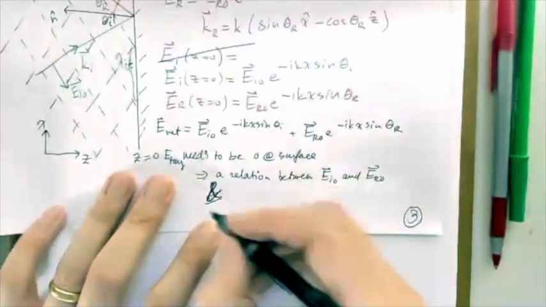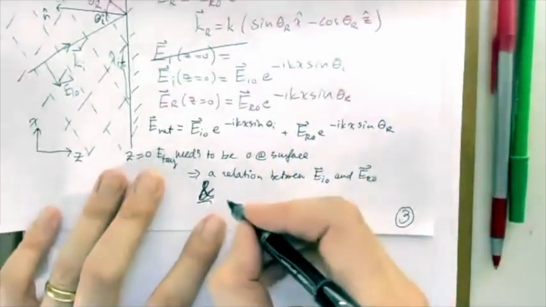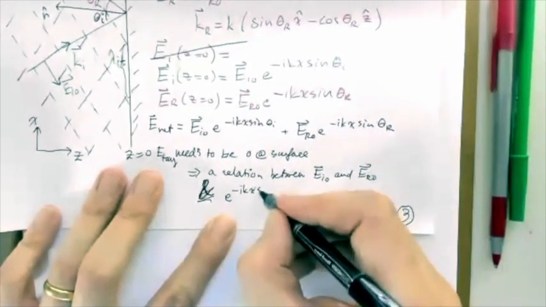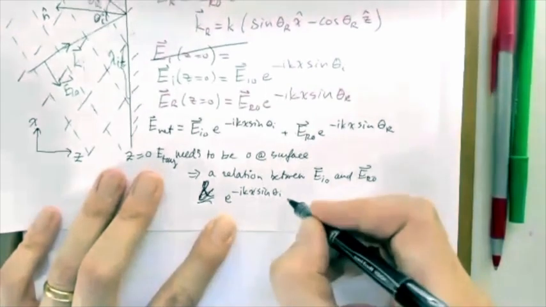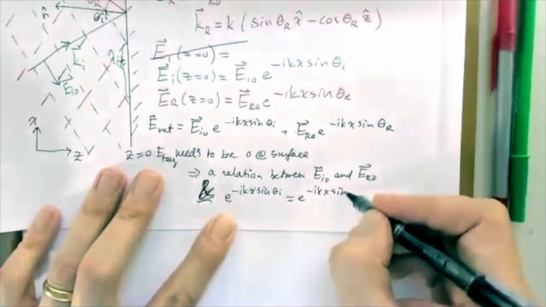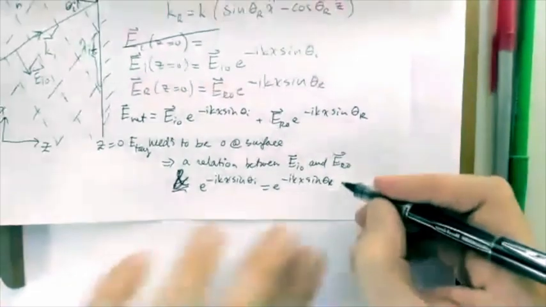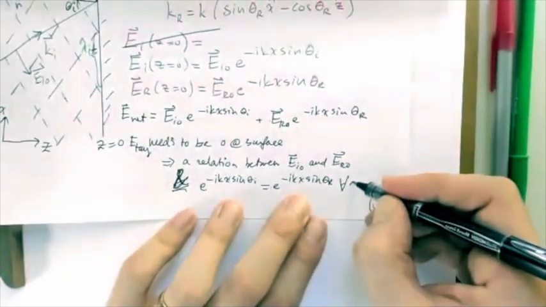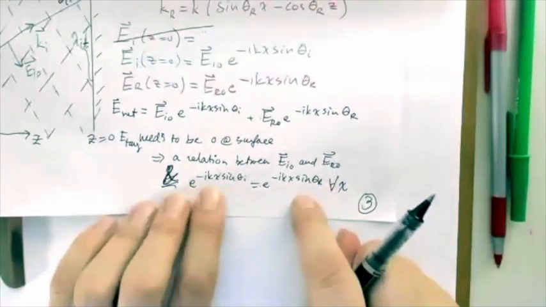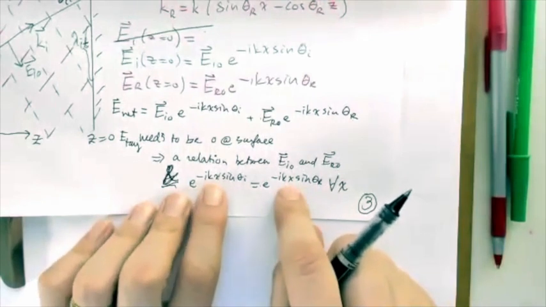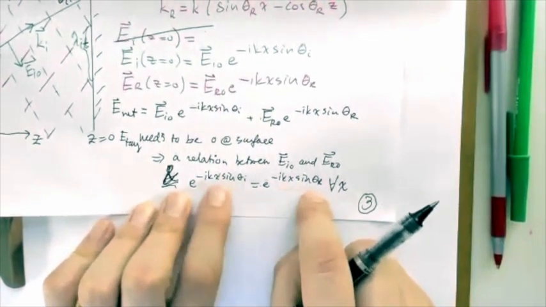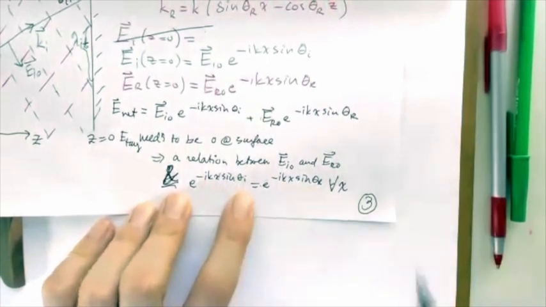There we go. And this is important, that e to the power minus i k x sine theta_I must be equal to e to the power minus i k x sine theta_R for all x. So any point on the surface, these two need to be the same. So if this has to be the same for all x, and the k's are the same, that means that the sine theta_I and the sine theta_R are the same.